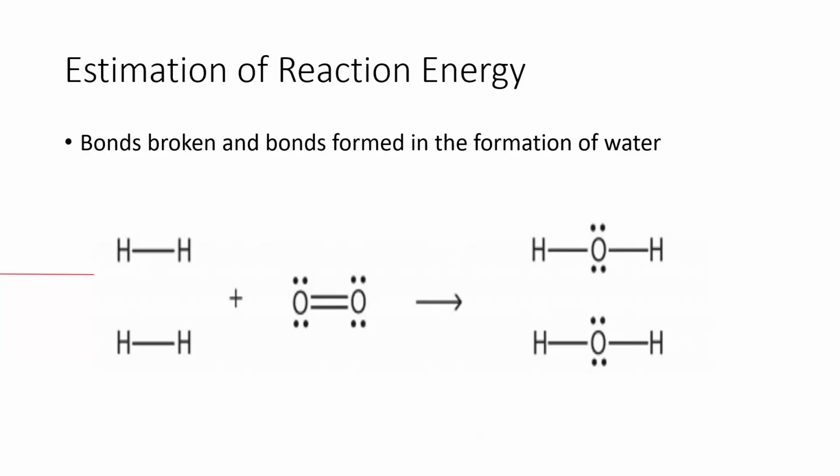All right. So you break the hydrogen-hydrogen bond, and then you break the other hydrogen-hydrogen bond. Then you break the oxygen-oxygen bond. Now, once they are broken, then you form them here. Hydrogen-oxygen formation, four of them: 1, 2, 3, 4.